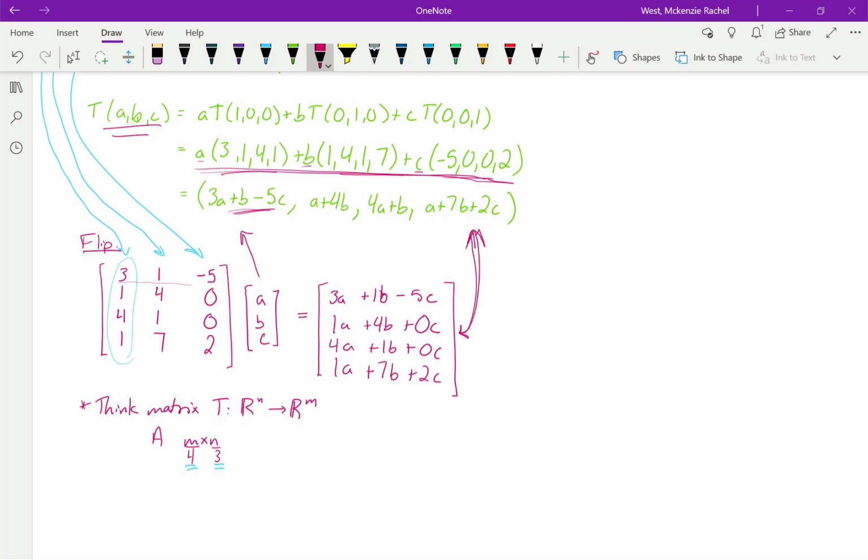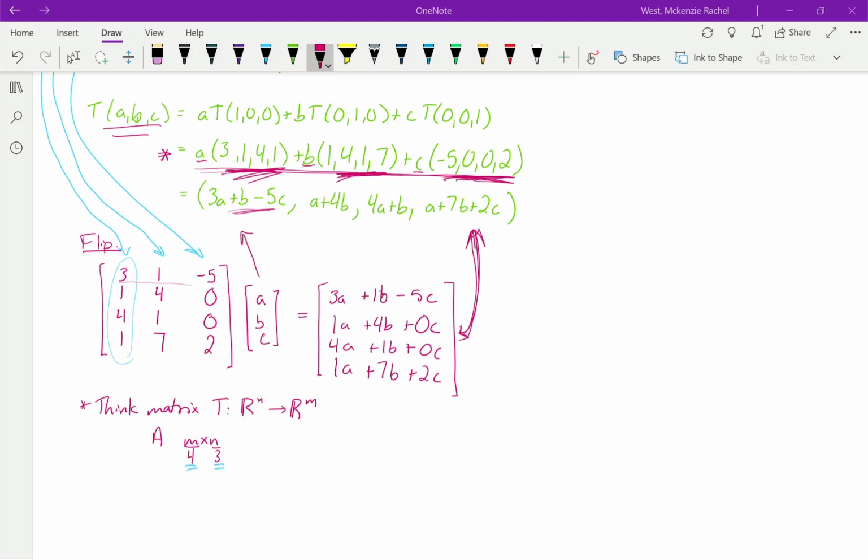All right, so we notice here that this is exactly the same thing as we had above. So this process in this second line here is essentially the matrix multiplication where we're putting our a, b, and c, our coefficients, in the column vector, and we're putting each of the images of our basis vectors in the columns of our matrix.